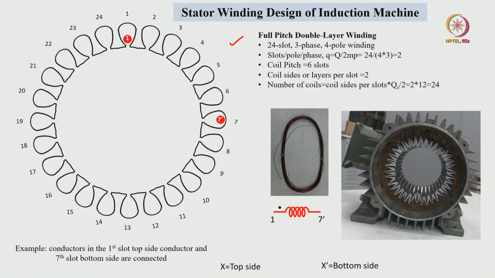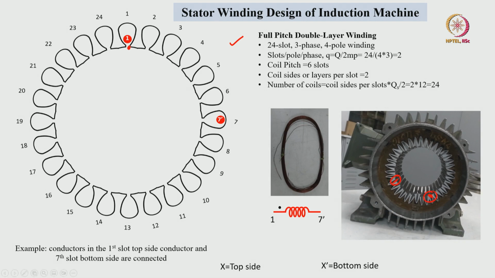After making the 24 coils, one by one we have to place them. Let us say I will place this coil side in slot number 1 with respect to the reference. I am considering the starting point to be slot number 1, so I will place this coil side first. One by one the conductors we have to insert in the empty slots.